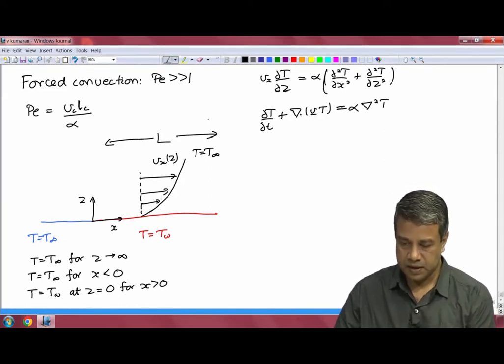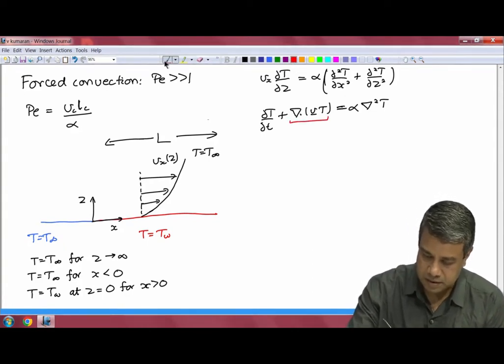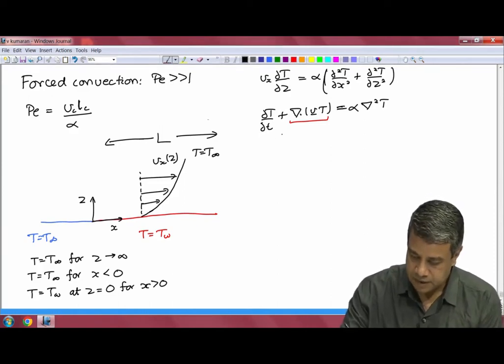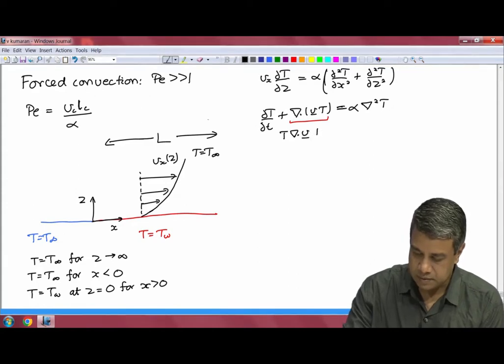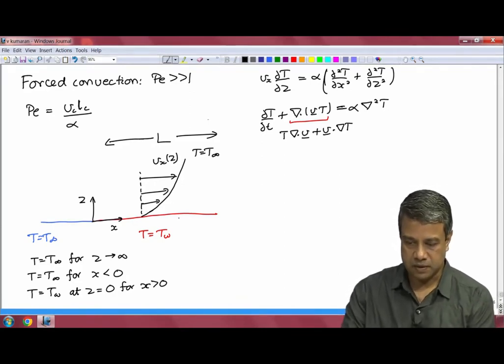And this second term here, I can separate out into two parts by differentiation by product rule. So, this will be T del dot V plus V dot grad T.